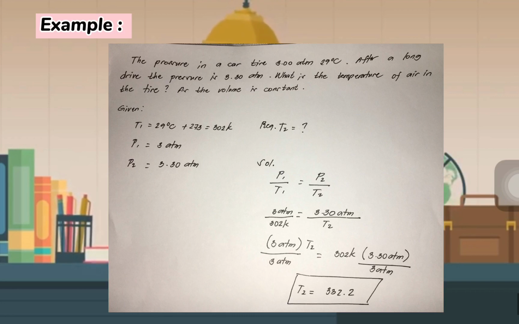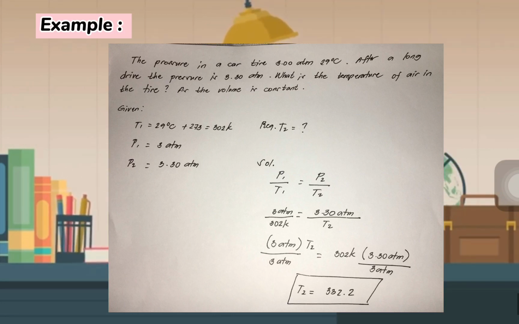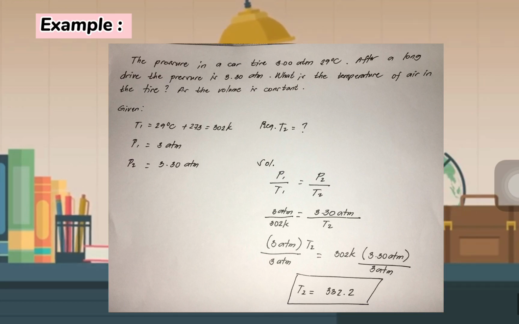So we will use our formula P1 over T1 equals P2 over T2. So substitute, we have 3 atm over 302 Kelvin equals 3.30 atm over T2. To get the value of the second temperature, let us perform the cross multiplication. So 3 atm times T2 is equal to 302 Kelvin times 3.30 atm.